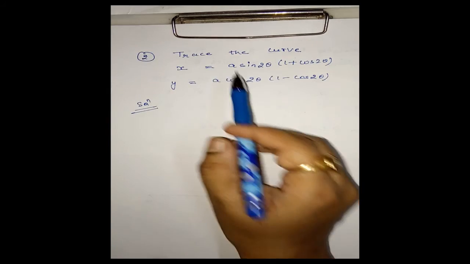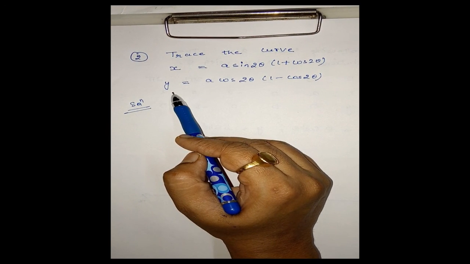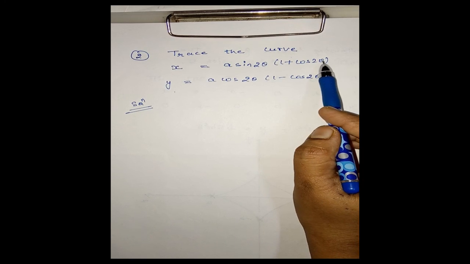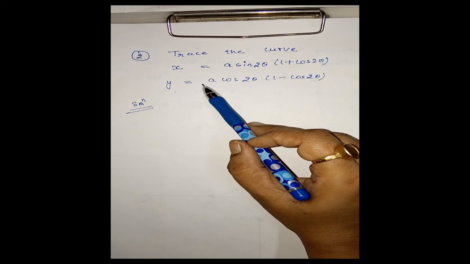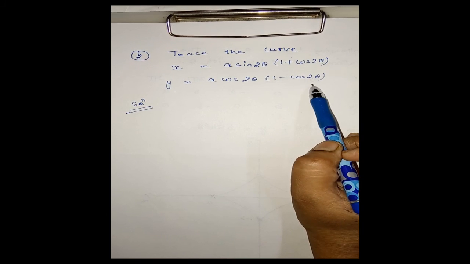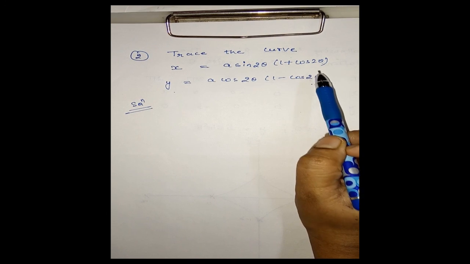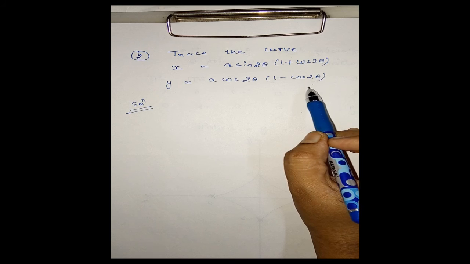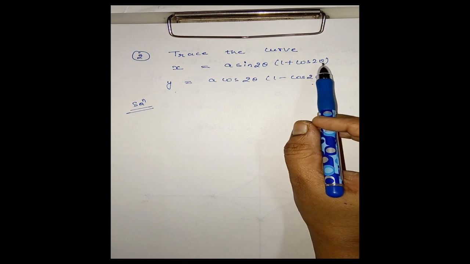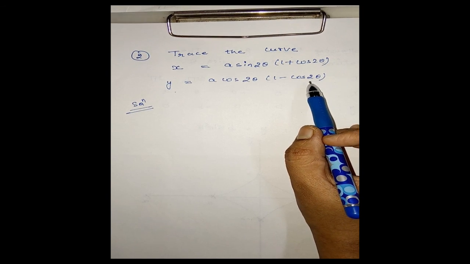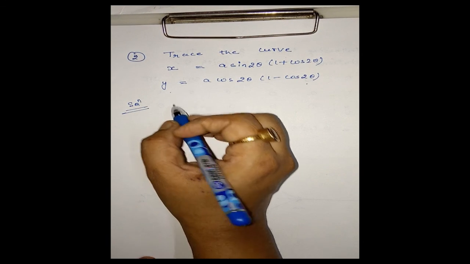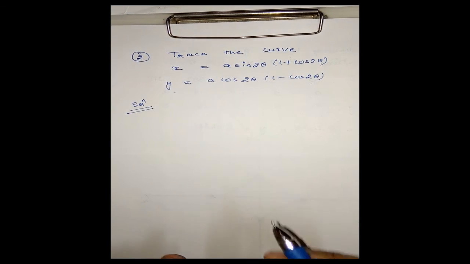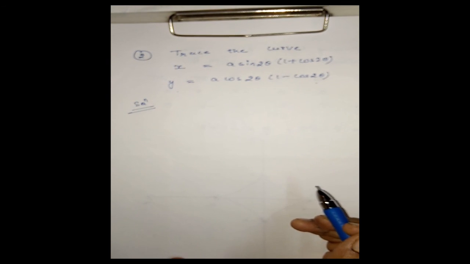Since x and y are periodic functions of theta with pi as their period, the values of x and y will repeat themselves as theta varies in the intervals pi to 2 pi, 2 pi to 3 pi. Therefore, we will consider the interval 0 to pi only.